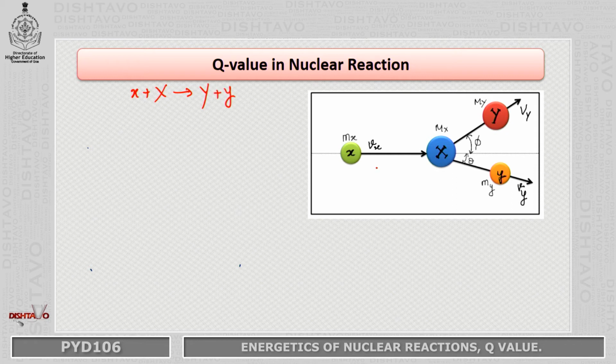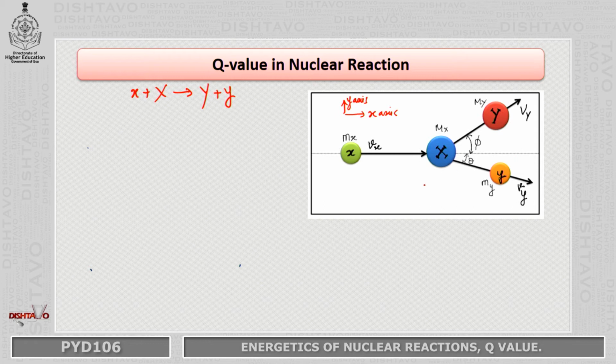Now here let us consider this axis to be the y-axis and this axis as the x-axis. Okay, so a particle is incident onto a target nucleus. Now this target nucleus results in a product nuclei which is making an angle phi with the horizontal, and a product particle which is making an angle theta with the horizontal.